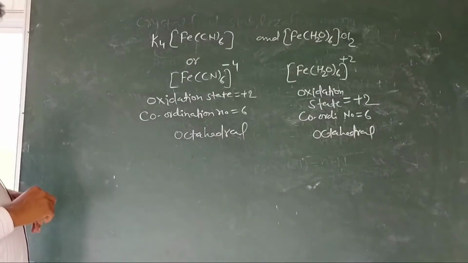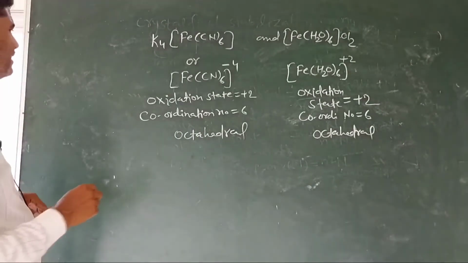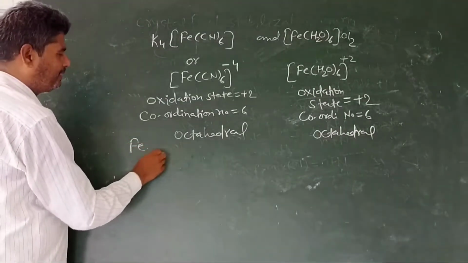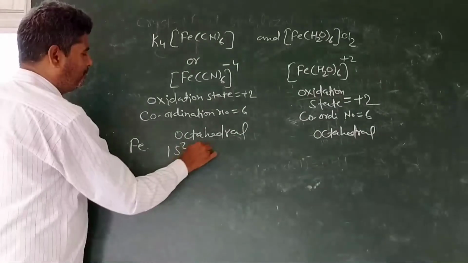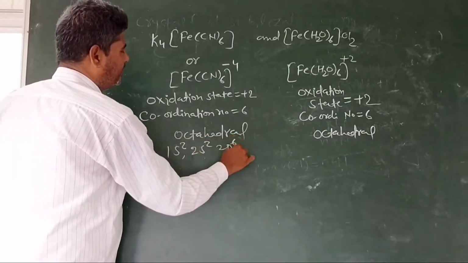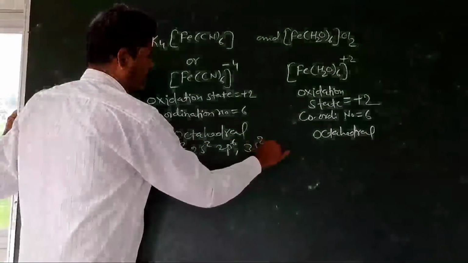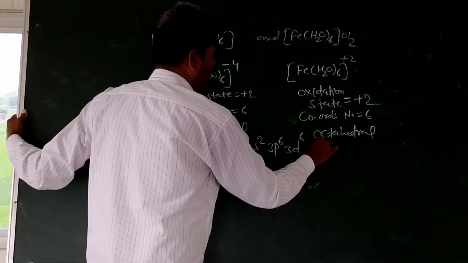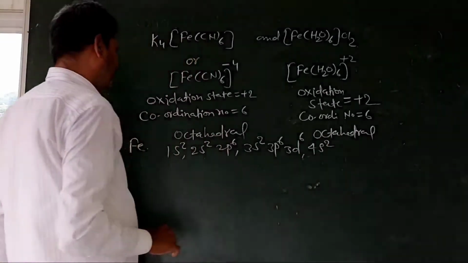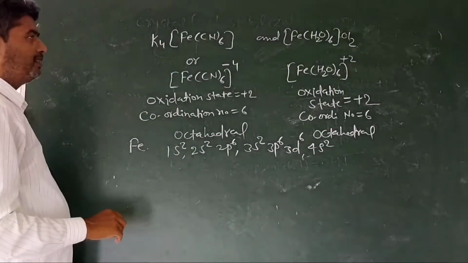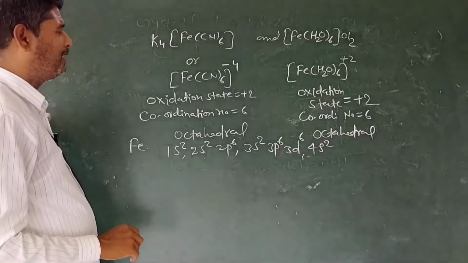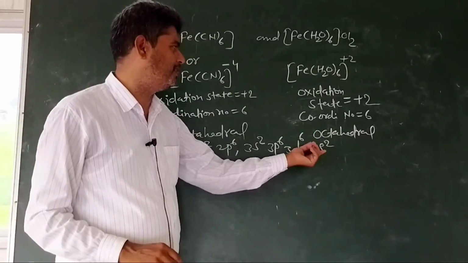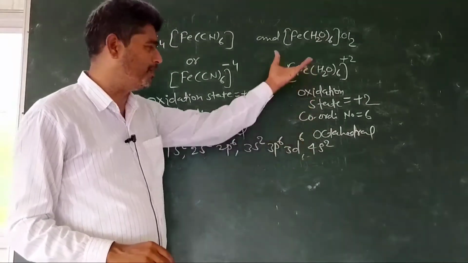Now we have to find out the d electrons. Atomic number of iron is 26: 1s2, 2s2, 2p6, 3s2, 3p6, 3d6, 4s2. Now we will remove 2 electrons from the outermost orbital of Fe because the oxidation state is +2 for both.